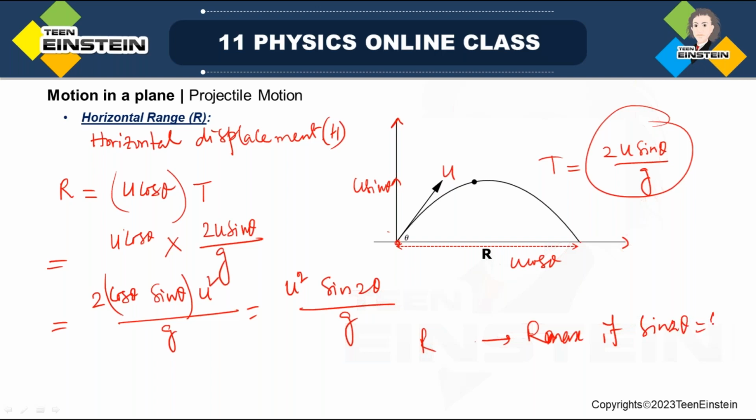This factor becomes 1. This will give you the maximum horizontal range. And when is it possible? 2 theta is equal to 90 degree or theta is equal to 45 degree.